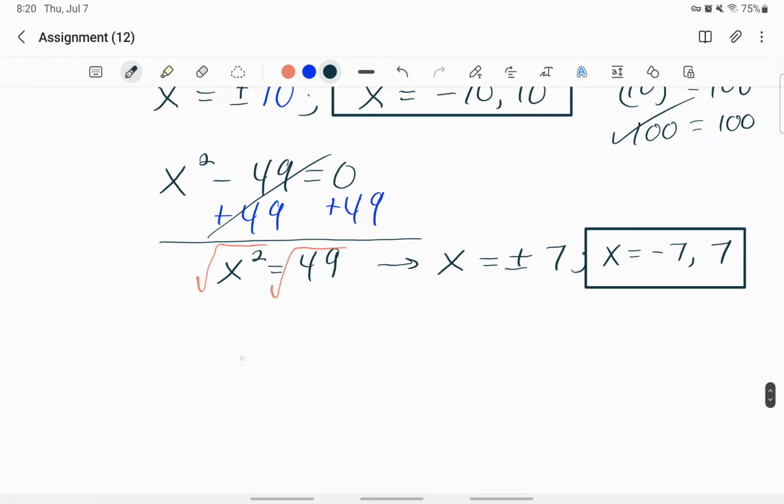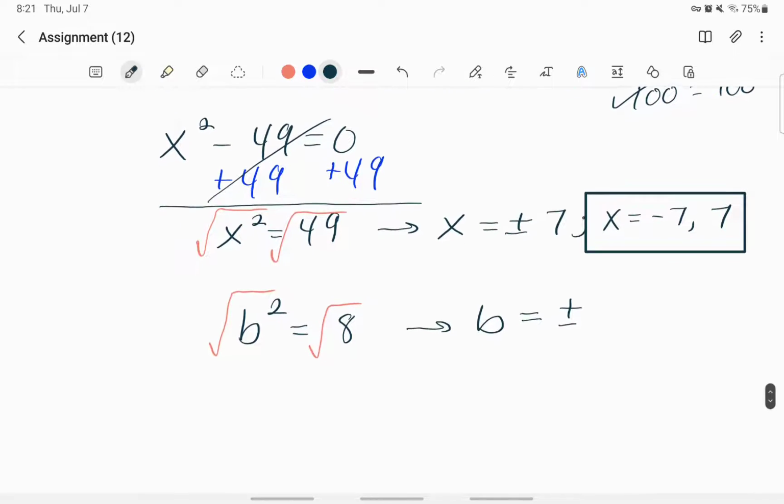Suppose we have b squared is equal to 8. To solve for b, we want to apply the square root to both sides. The square root of b squared is just going to be b. Plus or minus the square root of 8, which is not a perfect square. So we must see, can we simplify the square root of 8? When it comes to the square root of 8, we have to find two numbers that multiply to 8, and one of those numbers is a perfect square.